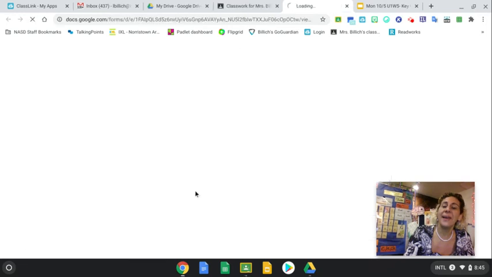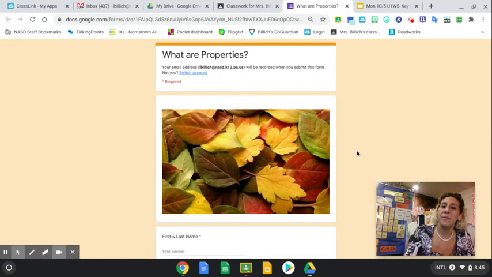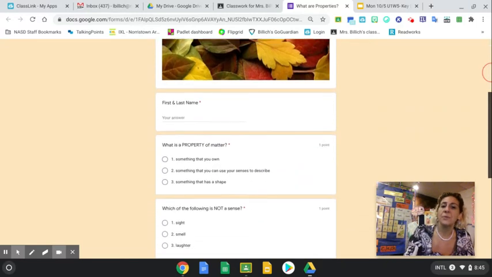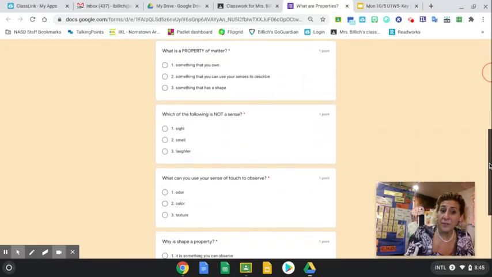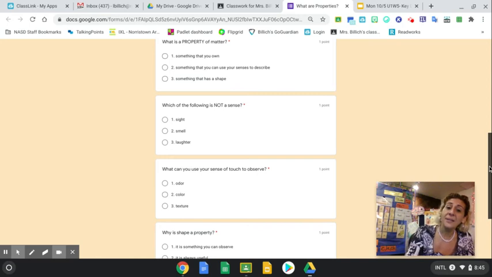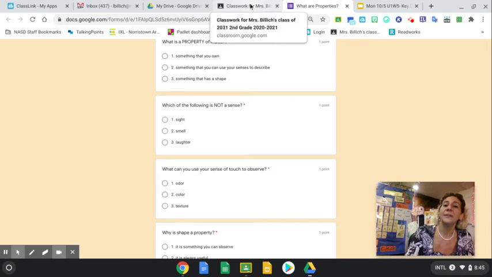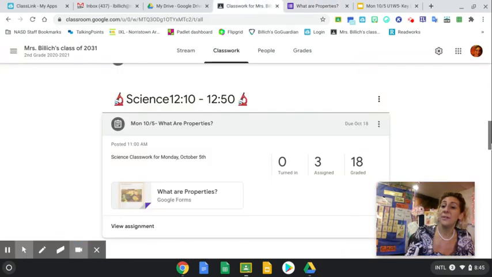And then they had an exit ticket in the form of this quiz for 4 questions. Some students were read the questions by us, and some students did it on their own. And then these 4 questions had 3 choices each. So they took that, and then we moved on to math.